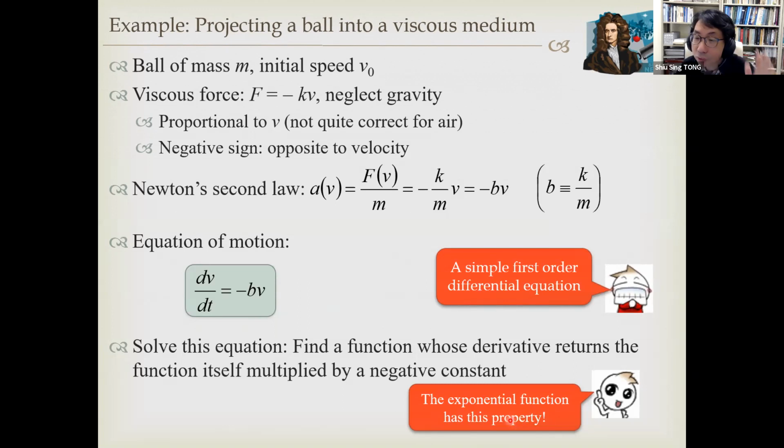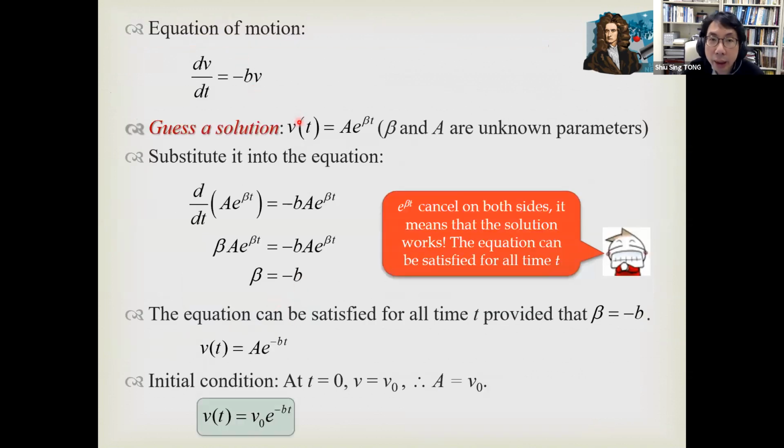This exponential function doesn't change by a differentiation. And if the t dependence has a constant b before it, then when you differentiate it, the constant will be pulled down by the chain rule, and so you get the additional constant.